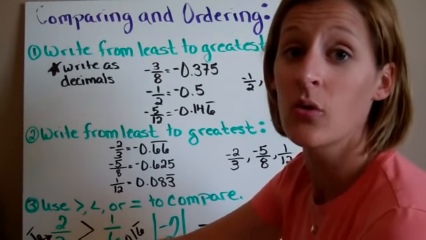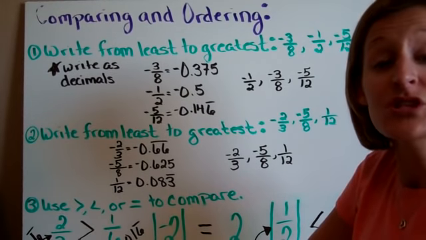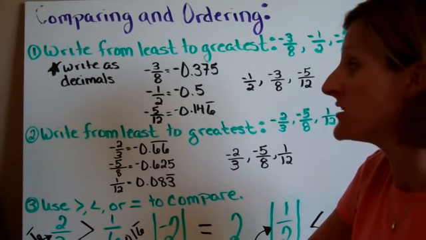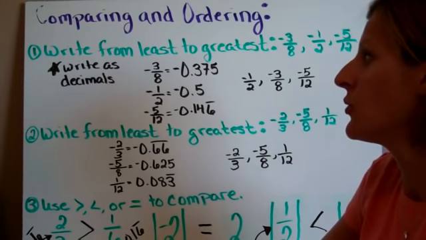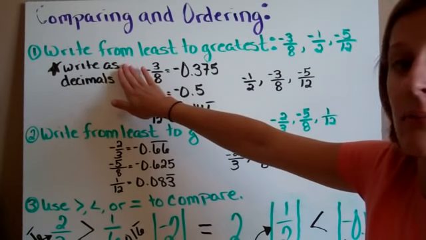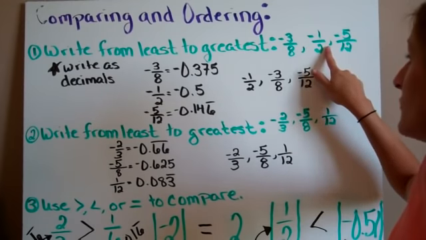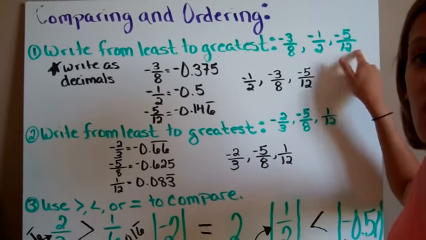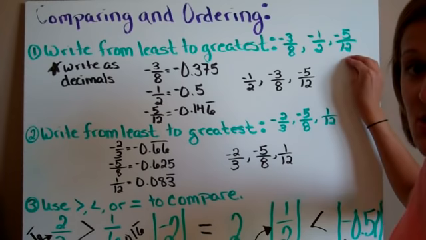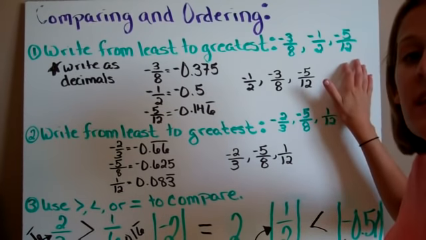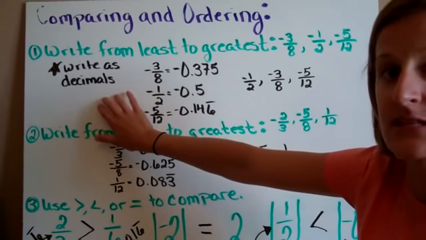Now comparing and ordering numbers. You used to do this way back when in 6th grade, so this should be fairly easy for you. Now when you're writing a number from least to greatest, like this, negative 3/8, negative 1/2, and negative 5/12, you want these numbers written least to greatest. Since they're all fractions, the easiest thing to do is to write them as decimals.